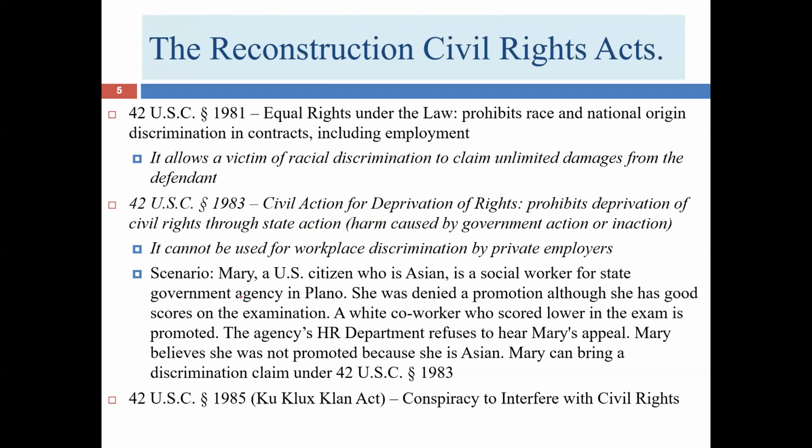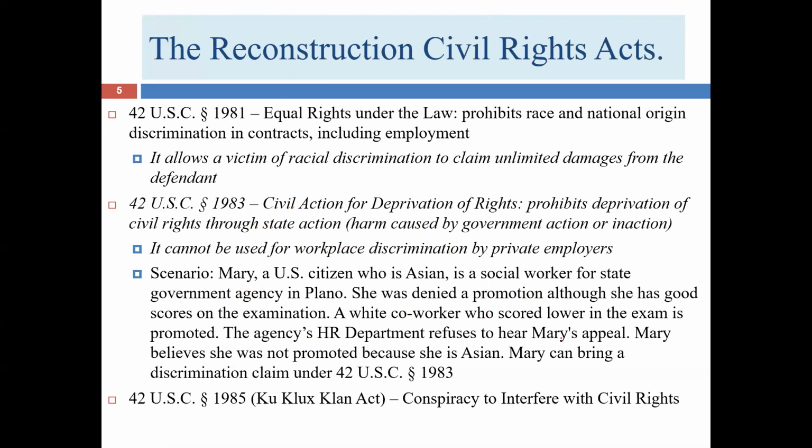So Mary is Asian. She is a social worker, and she works for a state governmental agency. So any action that happens to her in her capacity as an employee of that agency would qualify as state action. She's denied a promotion even though she did well on the test. A white coworker who scored less well is promoted.